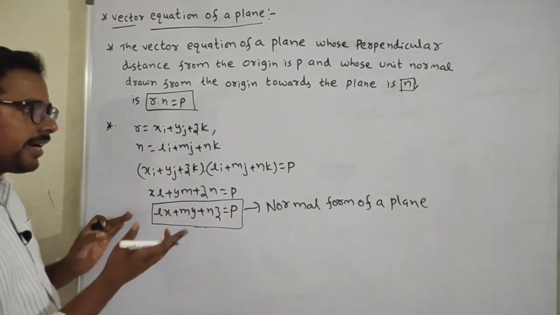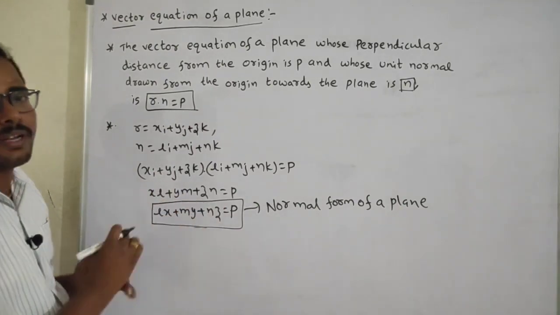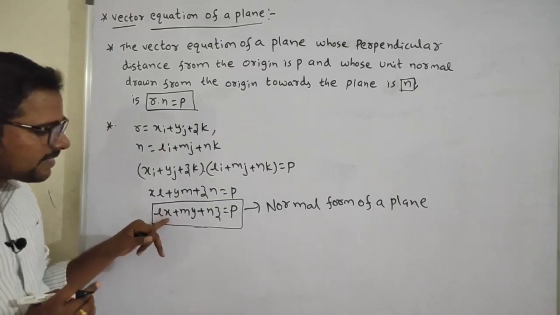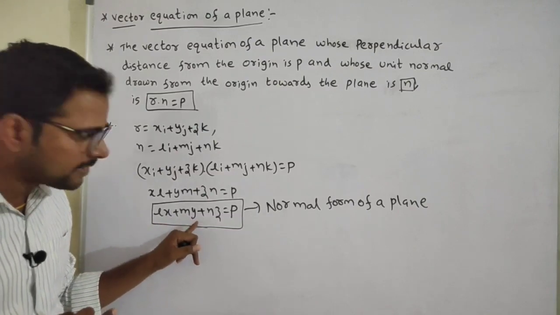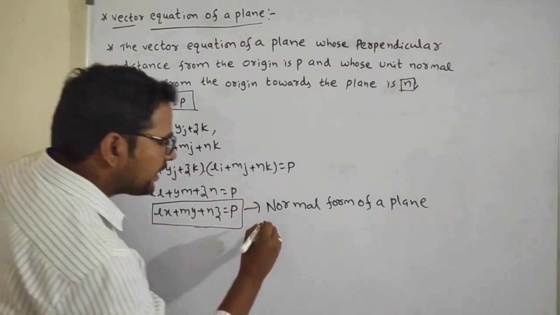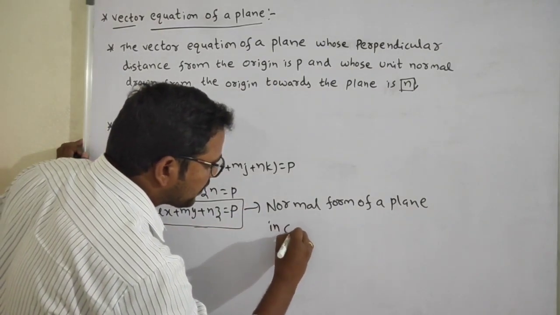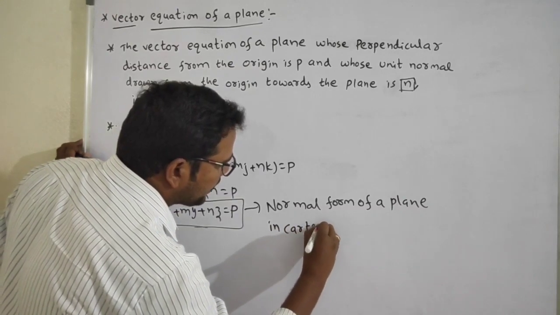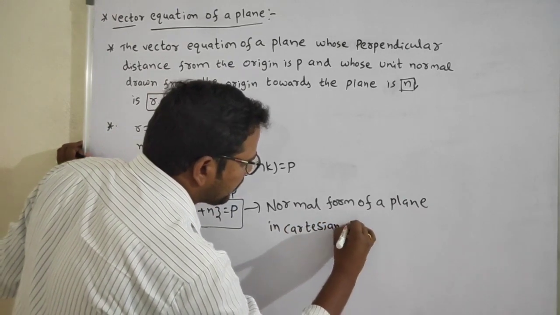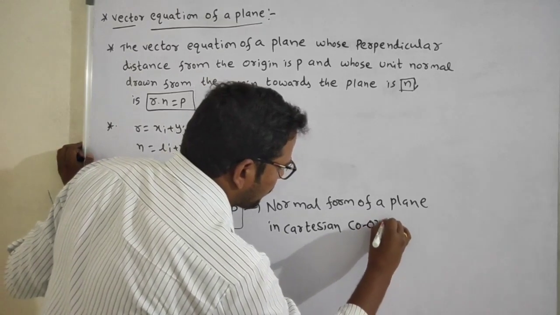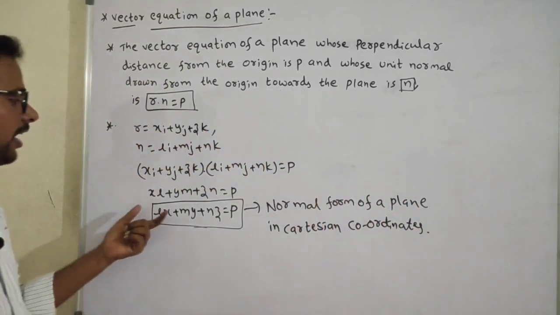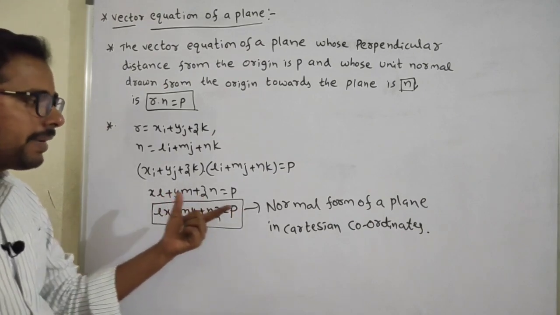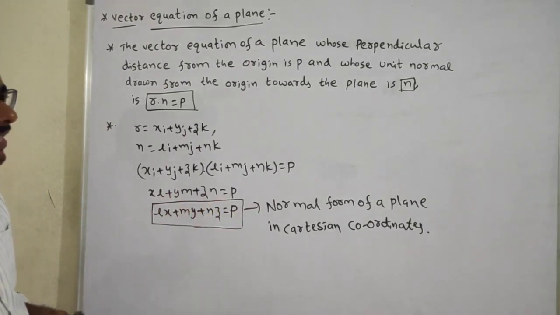This is called normal form in Cartesian coordinates, where x is the x coordinate, y is the y coordinate, z is the z coordinate. This is called normal form of a plane in Cartesian coordinates.